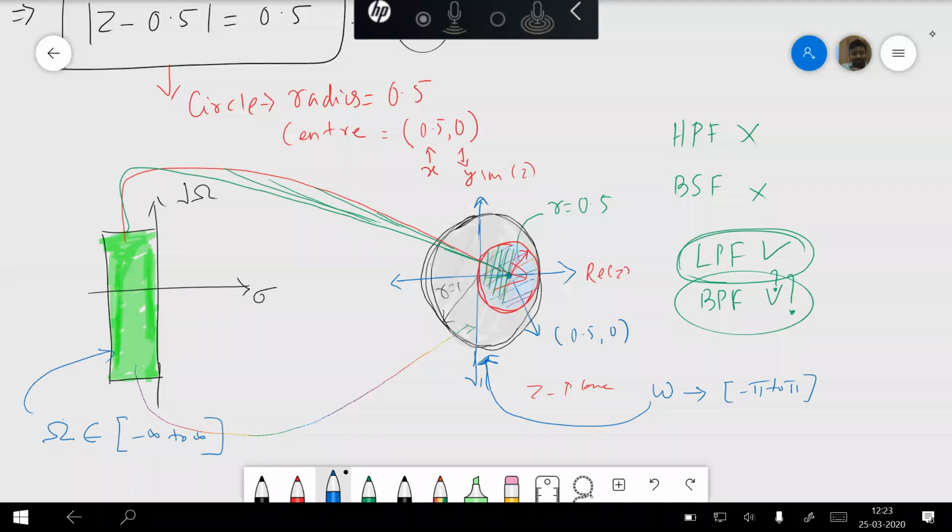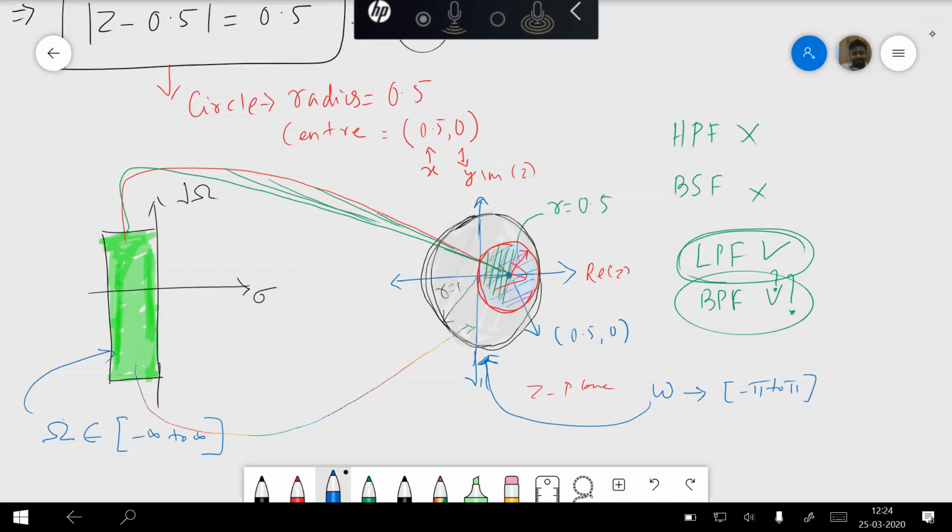But what happened while we are doing this particular method of approximate derivative? What we are finding is that the whole left half is compressed and mapped to a very small part. Because of that, the frequency bands are compressed to a smaller portion in the Z plane, right?